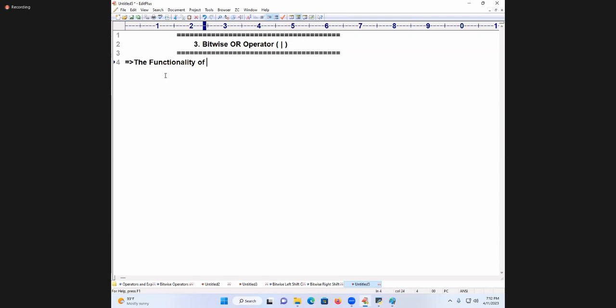They are not at all the same. Now I am going to show you the functionality of the bitwise operator in the following truth table. I am going to prepare the truth table.